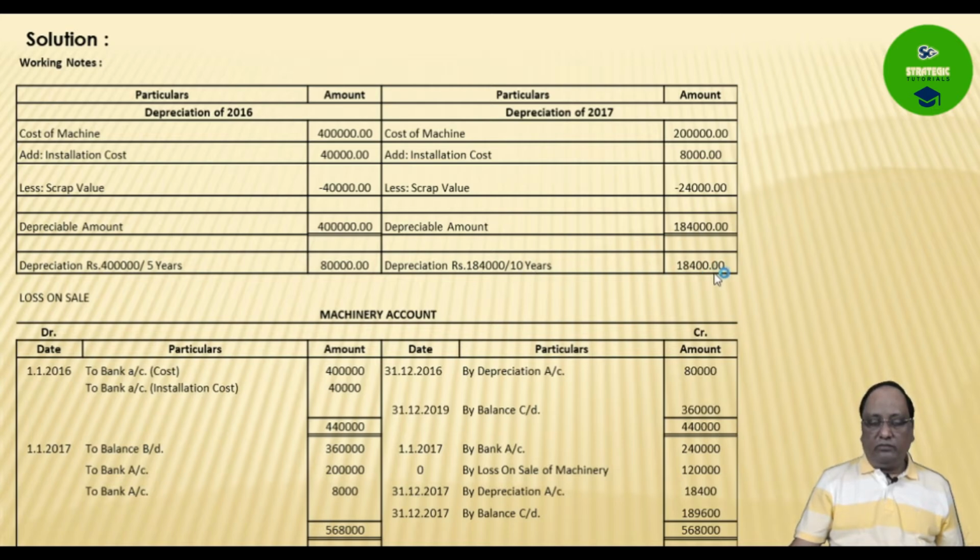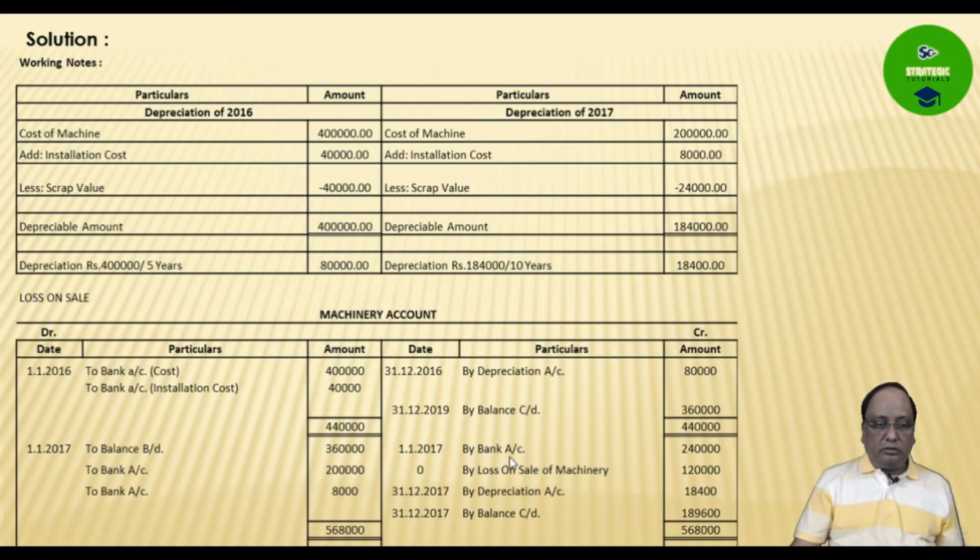So that divided by 10 years, so 18,400. In the machinery account I have already given the same: machinery debit to bank 4 lakhs, by depreciation 80,000 and the installation cost 40,000. So the balance is 3,60,000. Next year the opening balance is 3,60,000.